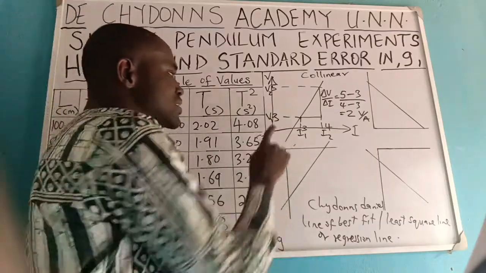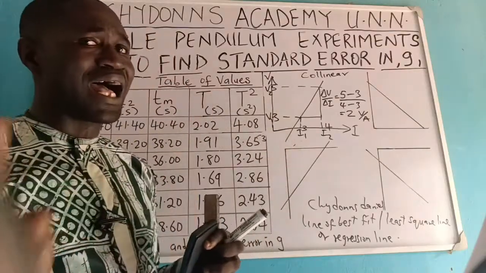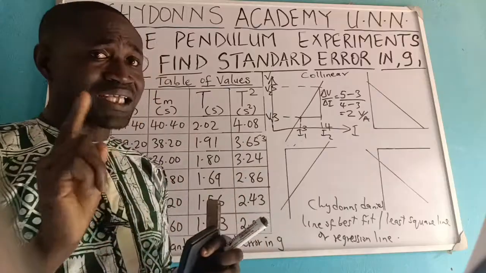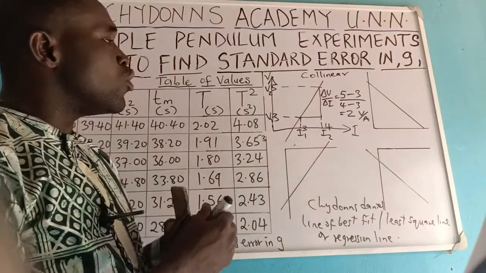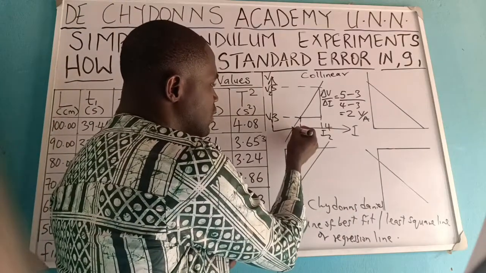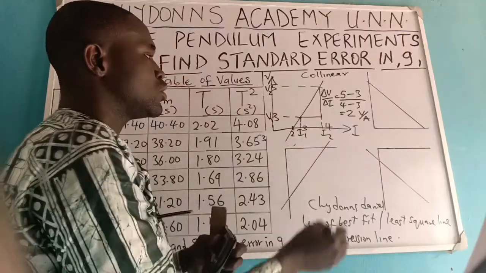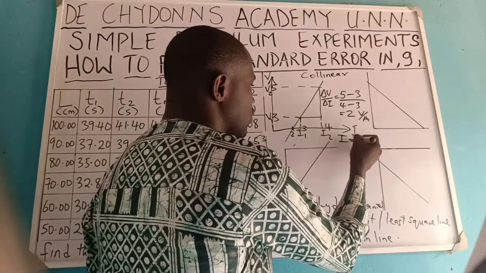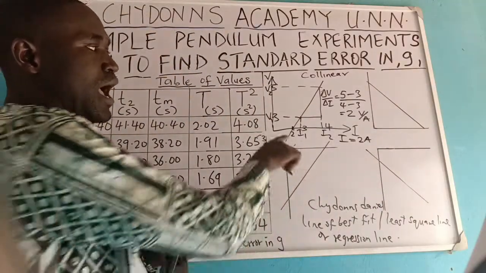Now, I want to tell you something. In this case, they can ask you to find the intercept on the horizontal axis. If they say find the intercept on the horizontal axis, it is already on the horizontal axis, so what you just do is take the point where it meets the horizontal axis. Let's say here is 2. We say our intercept on the horizontal axis is equal to 2 amperes. Are you getting it?